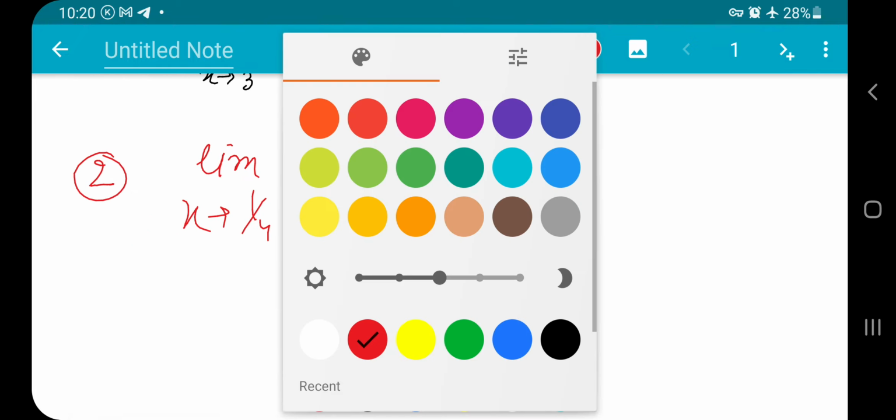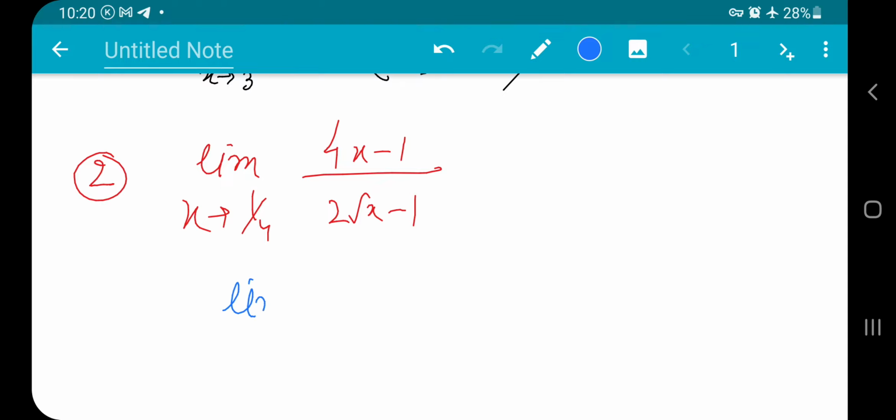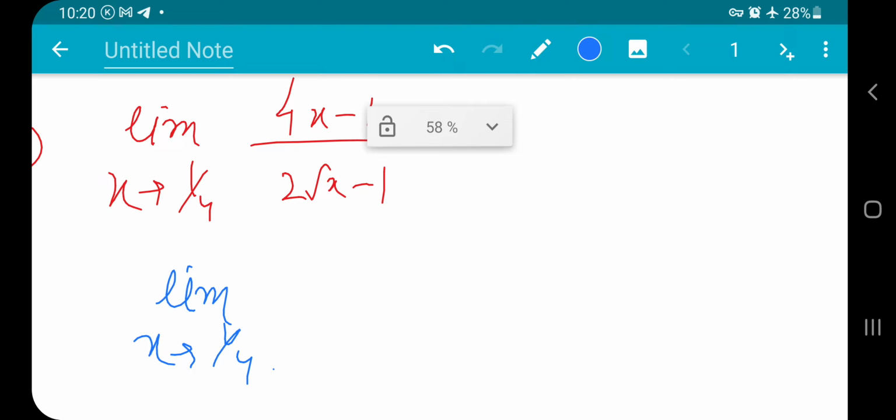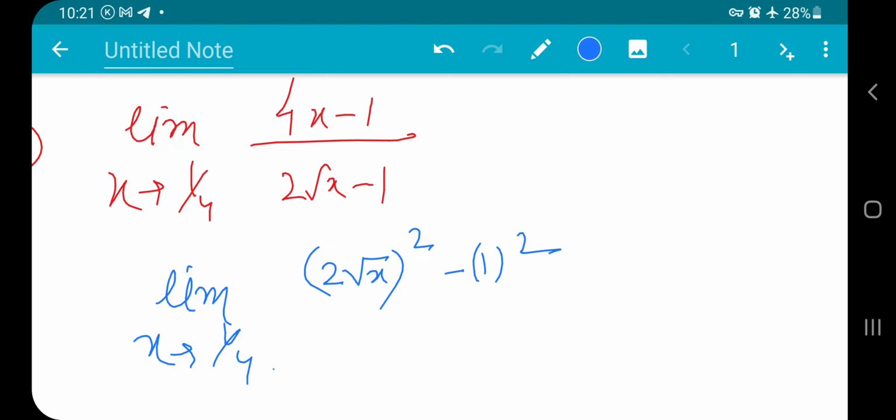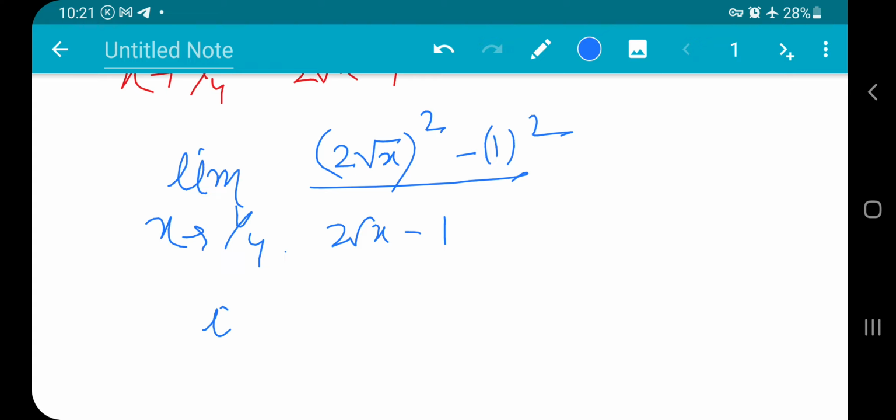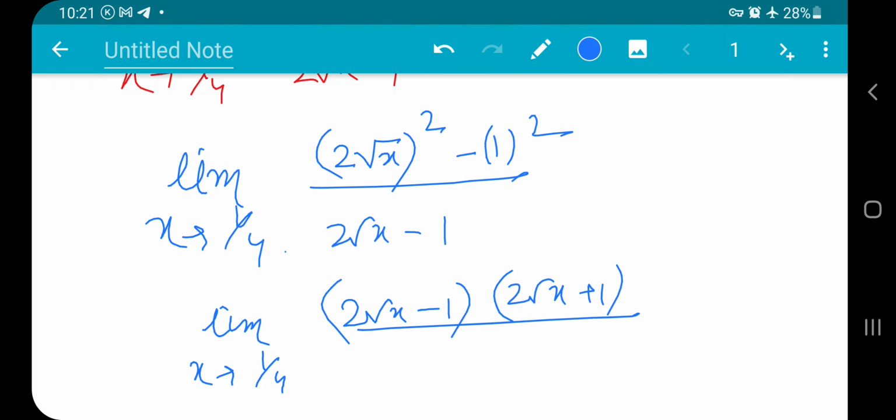This can be factorized. Limit x tends to 1 by 4. We can write this as (2 root x) whole square minus 1 whole square. So limit x tends to 1 by 4, (2 root x minus 1)(2 root x plus 1) by (2 root x minus 1).